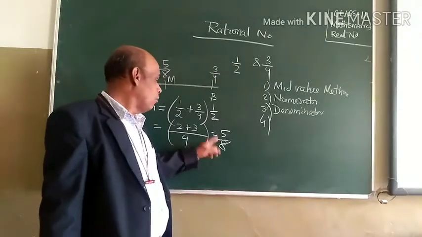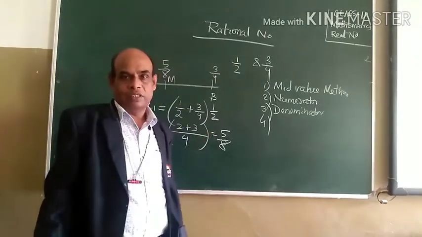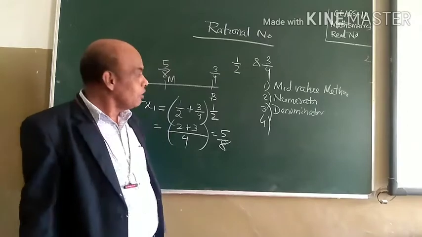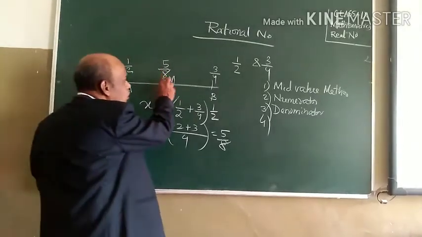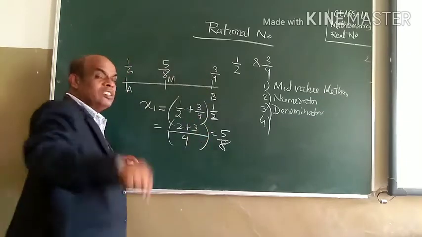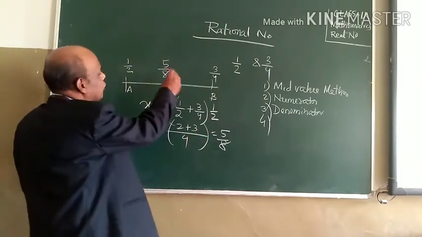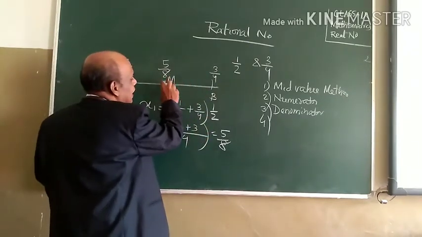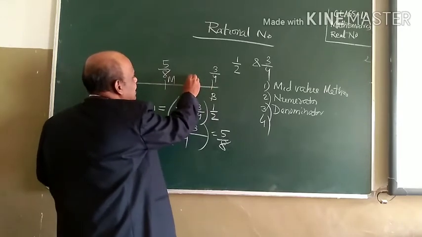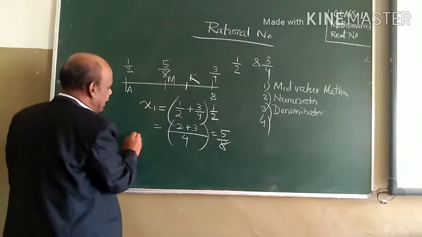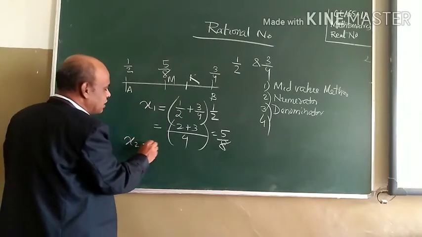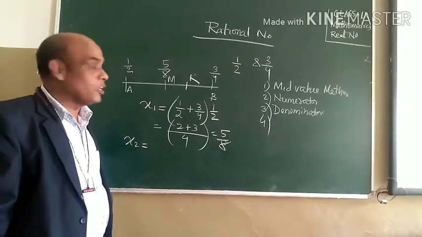One rational number we already found, so for another we may take the mean value of these two rational numbers. Suppose I take the mean value of m and b, that is x2, the second rational number.